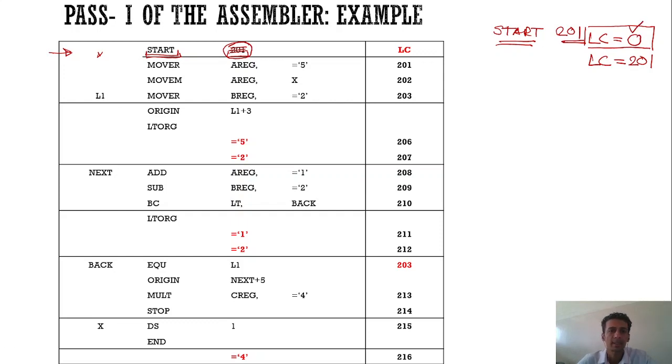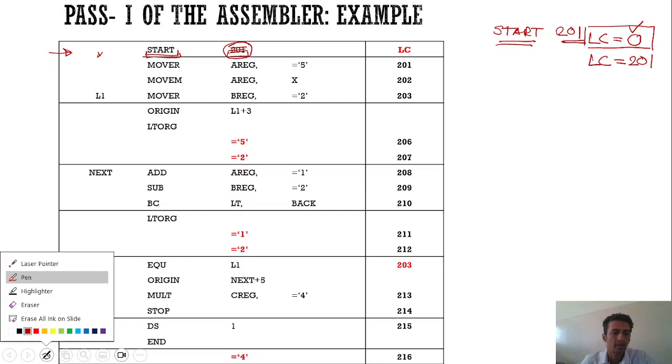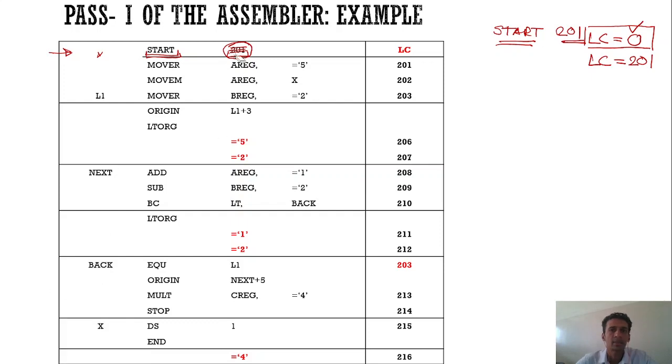Okay, but in this example, the assembler has been asked to start generating target code from location 201. So this 0 will be overwritten by 201.